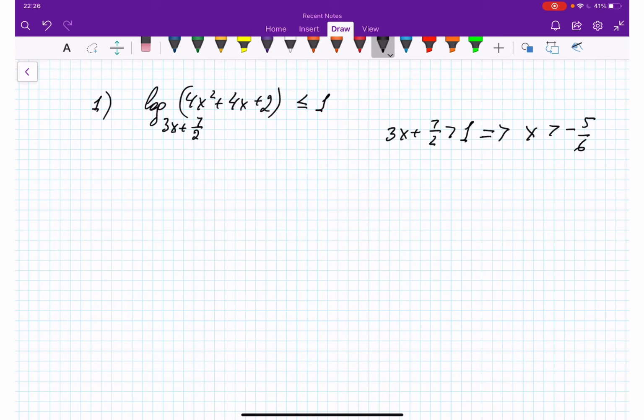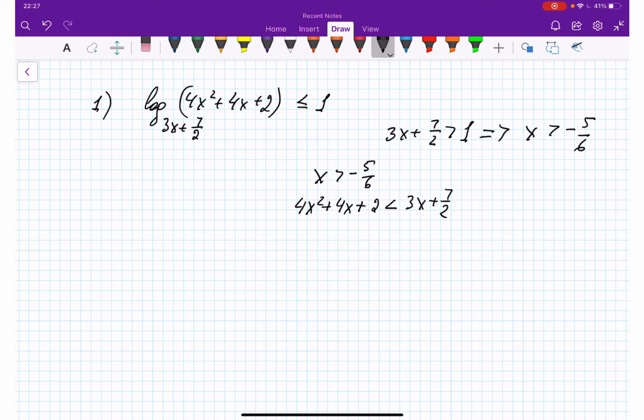Let me write down, this is one condition, x greater than negative 5 over 6. And the second condition is going to be the quadratic trinomial 4x squared plus 4x plus 2 less than 3x plus 7 over 2, and next time we will take greater than.